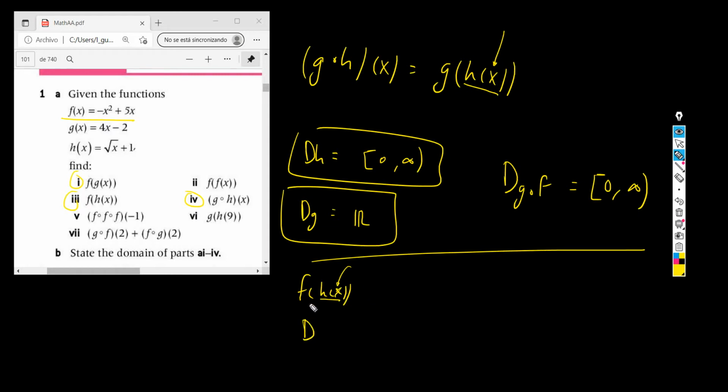So the domain of f composed with h is going to be the same as the domain of h, because that's the one that is restrictive. That's pretty much the whole thing. That's how it works. So let me stop it right there. Problem 1 is done.